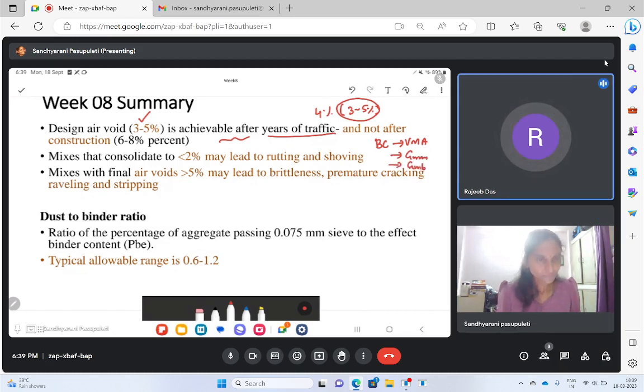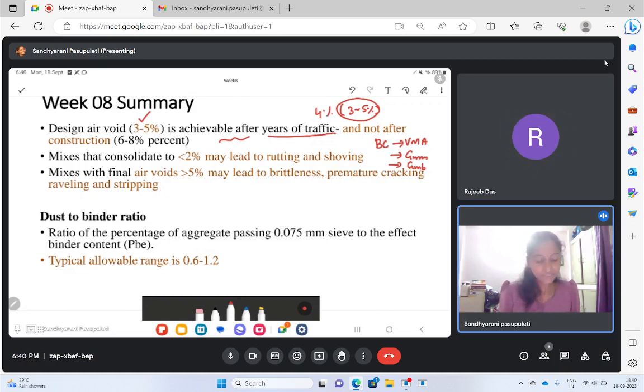What I meant to say is that you are saying it should be 6 to 8%. If 6 to 8%, then compaction can be a maximum of 90 to 93% only. 6 to 8% is immediately after the construction, but in the lab we actually design for 4%. In the lab we will not design for 6 to 8%. We always design for 4%.